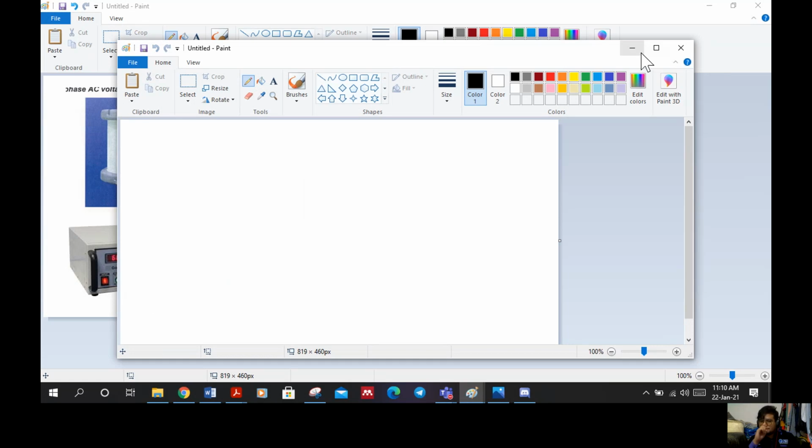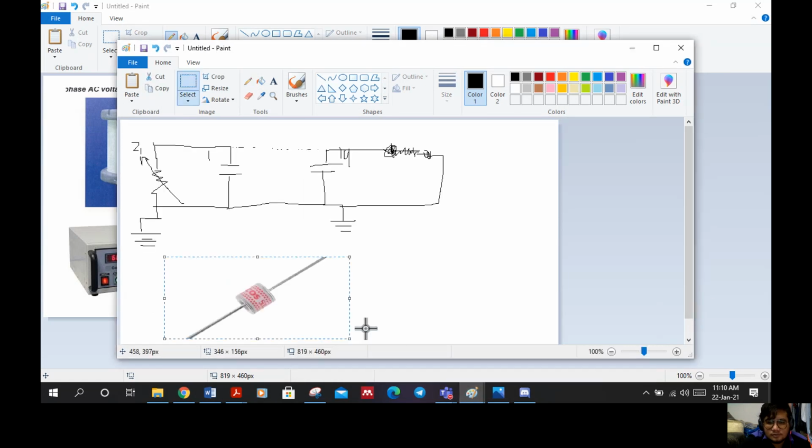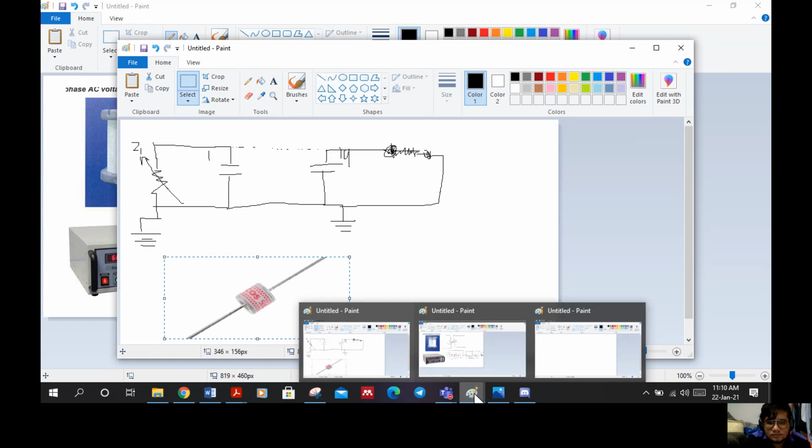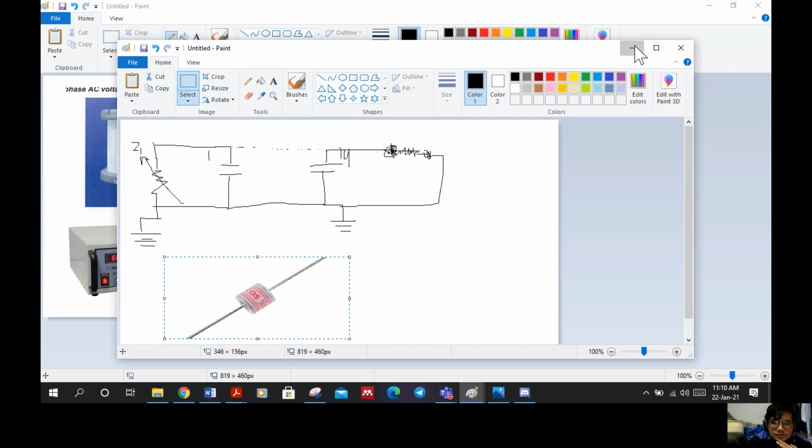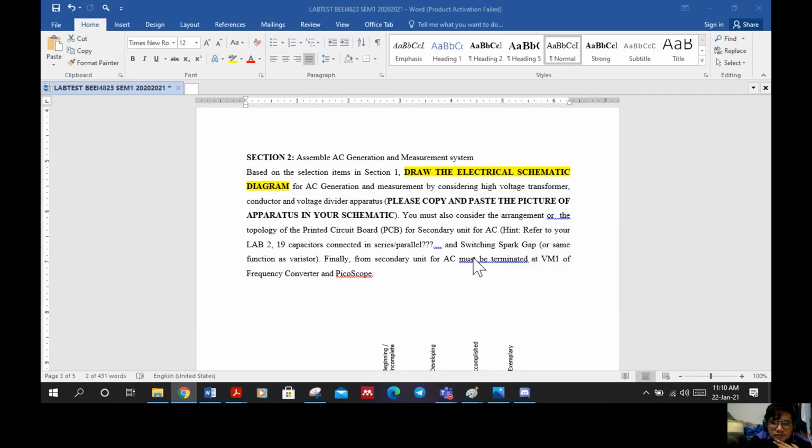Okay. And for the converter and picoscope. So the picoscope is connected like this one.